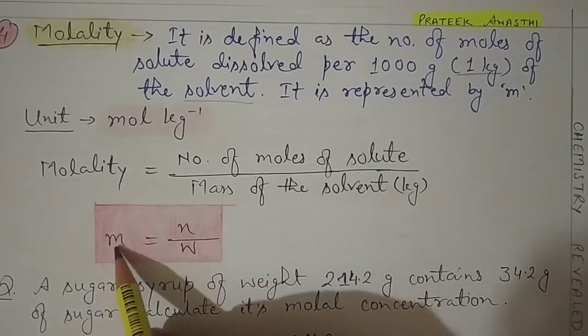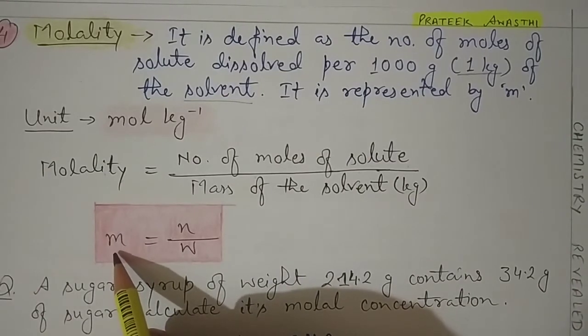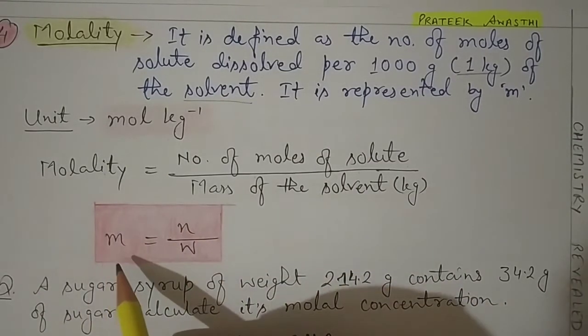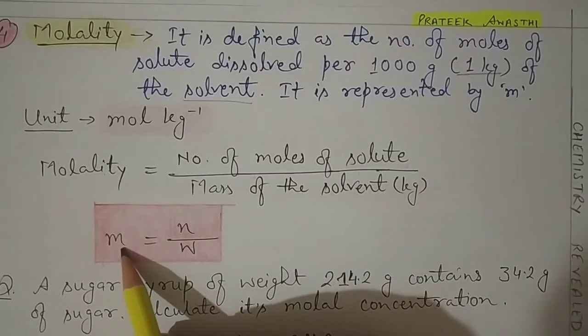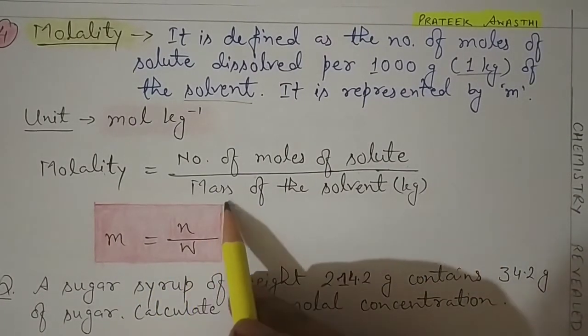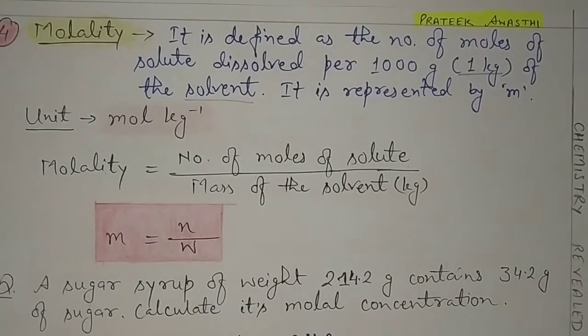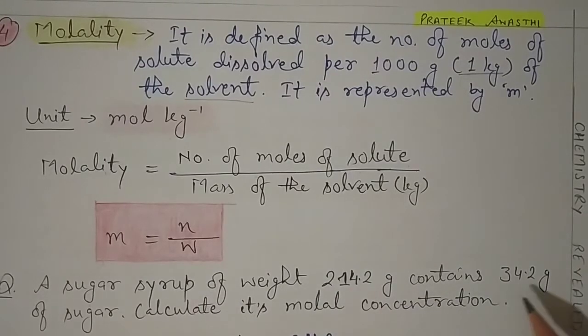So in short, molality is represented by small m, whereas molarity is represented by capital M. So small m is equal to N, the number of moles, upon W, the mass of the solvent in kilogram. Let's understand this with a numerical: a sugar syrup of weight 214.2 gram contains 34.2 gram of sugar.